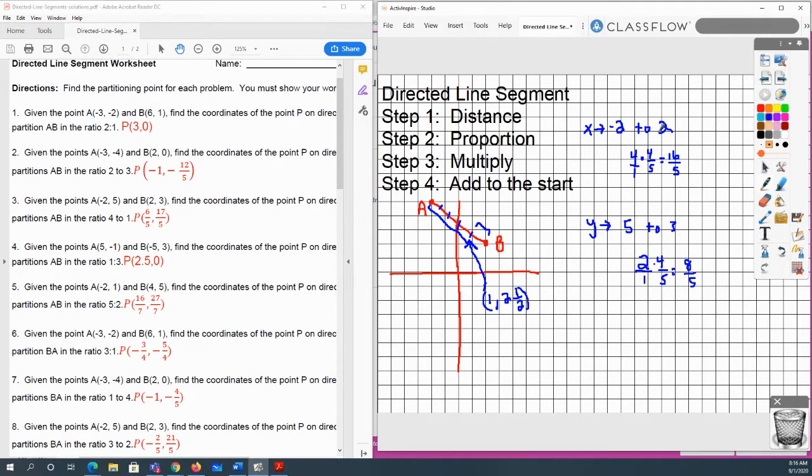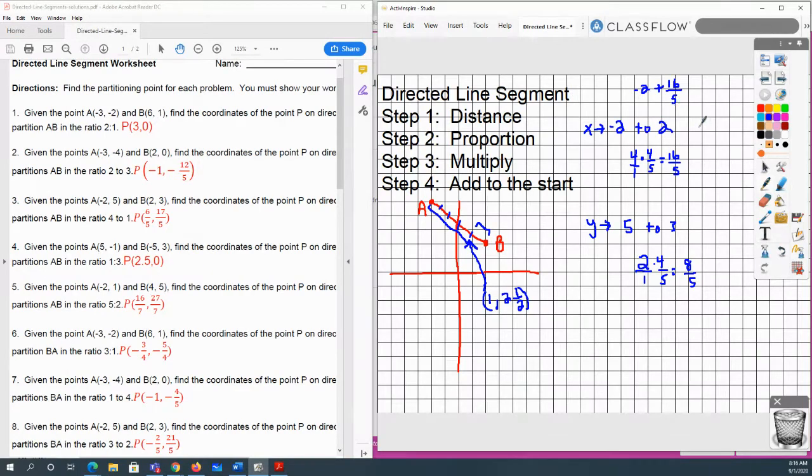Now, notice this one, and this is important to think about. I'm starting at -2, and I'm going up to 2, right? So that means this number here is going to get larger from -2. Does that make sense? It's not getting smaller, it's getting larger. That's a very important point. So just like we did earlier, I'm going to add. So I'm going to add -2 plus 16 over 5.